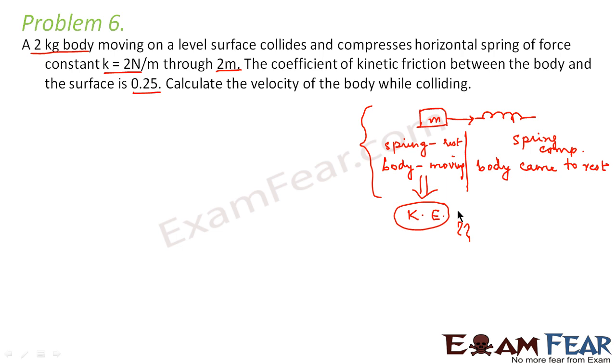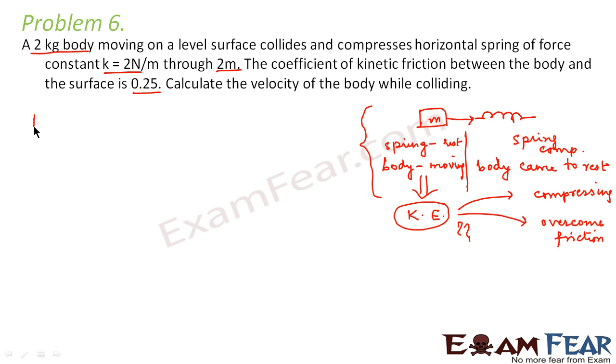This kinetic energy was partly involved in compressing the spring, and partly it was involved to overcome the frictional force. So this is how the total kinetic energy which the body had initially is used up.